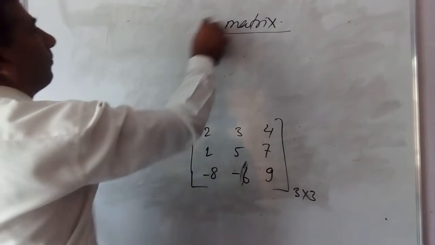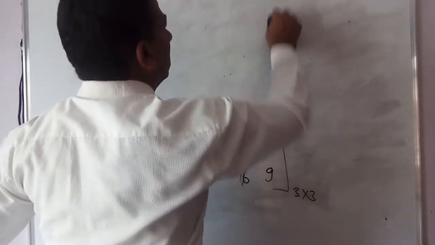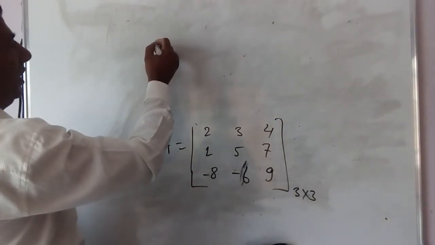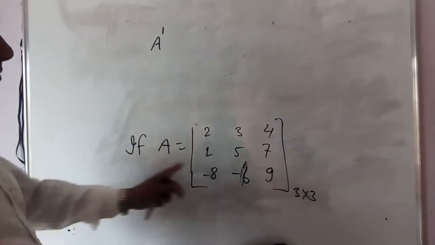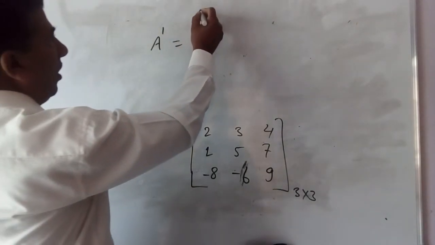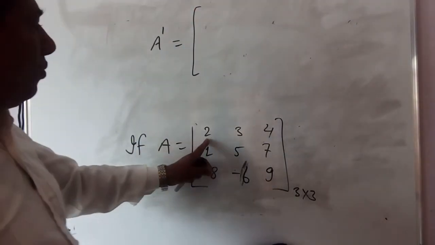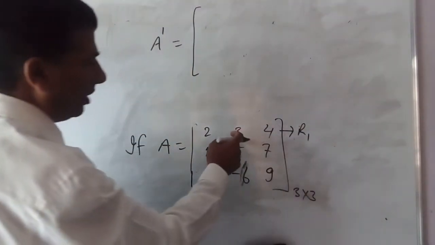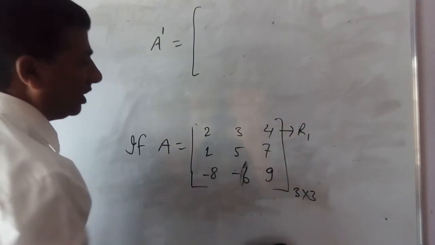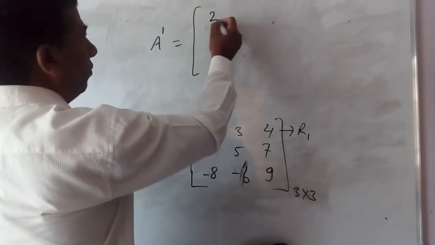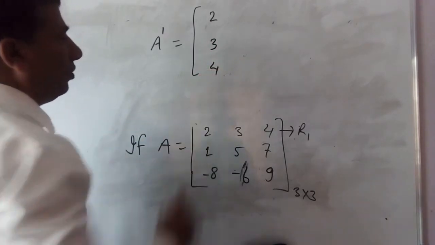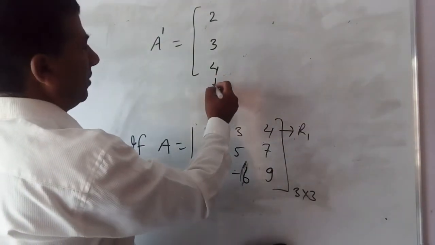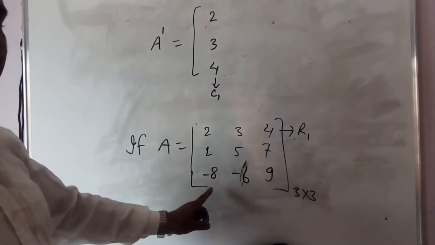That matrix is called the transpose matrix. Here, this is matrix A. Now its transpose. Now 2, 3, 4. This one is R1, and I'll make it C1. What I did: this 2, 3, 4 was R1, and I made it C1. R1 became C1.